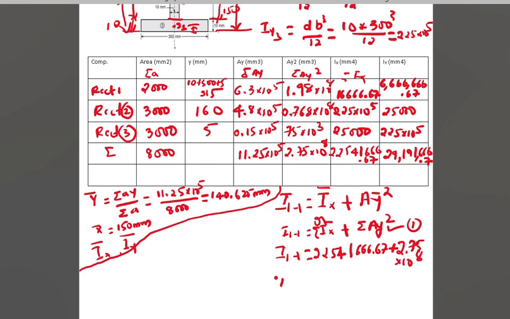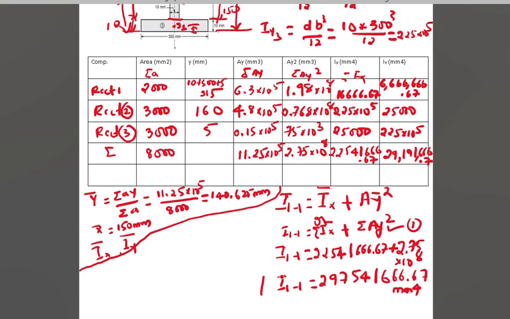So here you'll get the value of I11 as 297541666.67 mm to the power of 4.